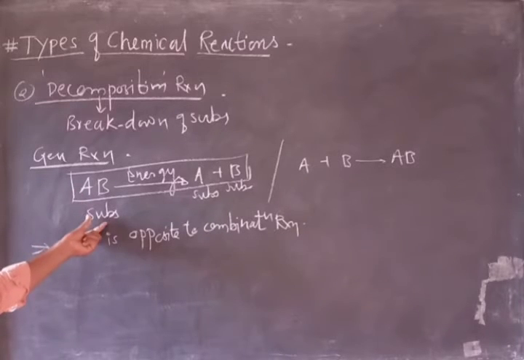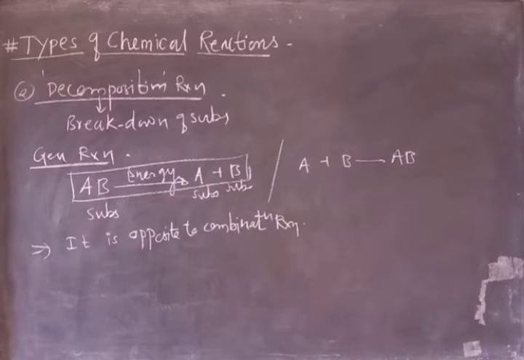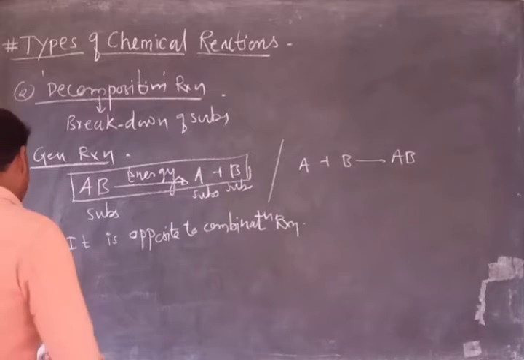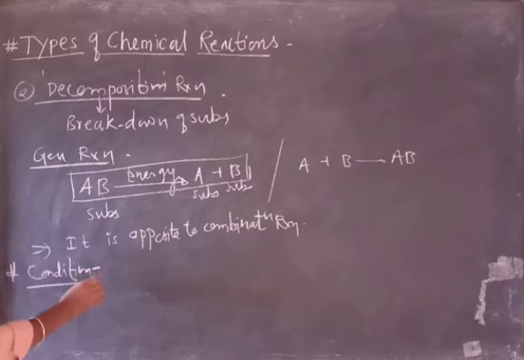AB is a reactant, a substance which is the reactant, and A and B, these are the two products. So my dear students, let me tell you the conditions for the reaction.